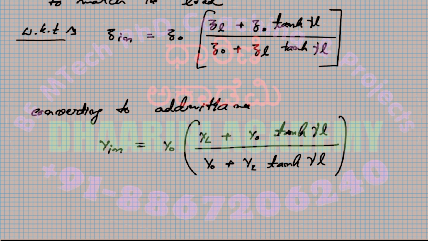Now again, I can make a change. I am assuming it is a high frequency line. At microwave frequency, what happens to the line? Can you suggest what change I am supposed to make at high frequency?